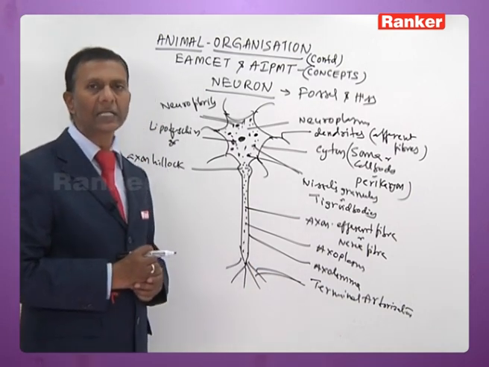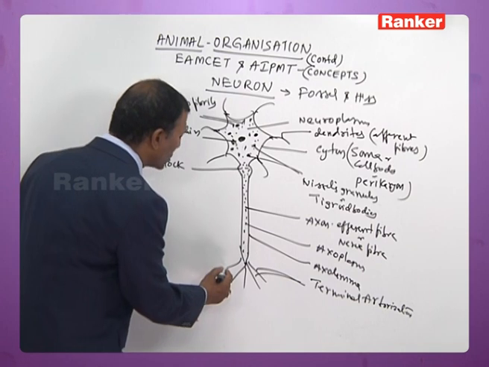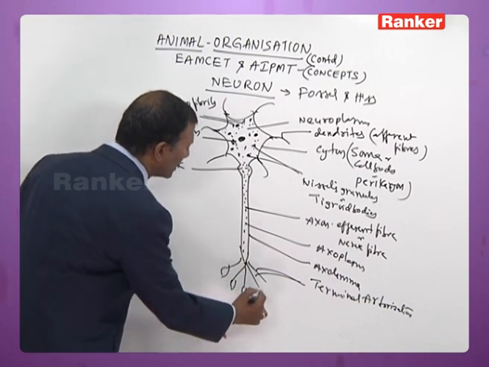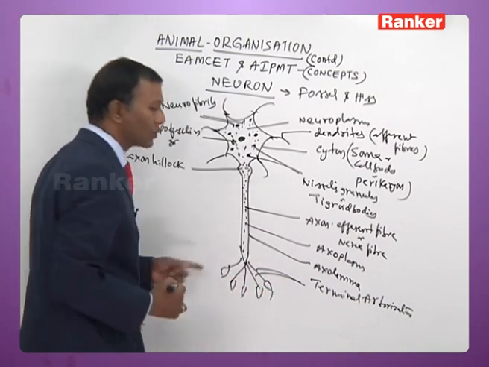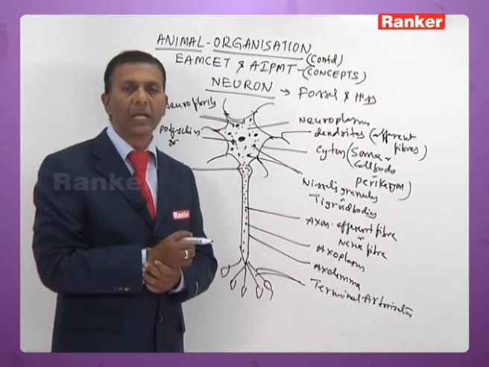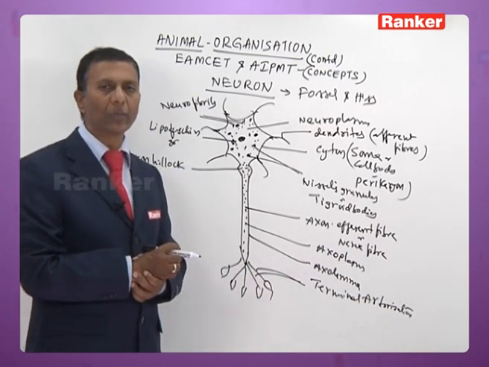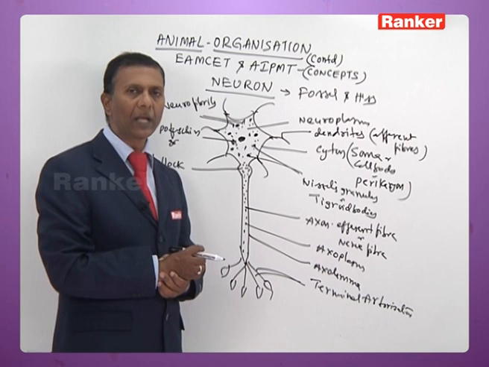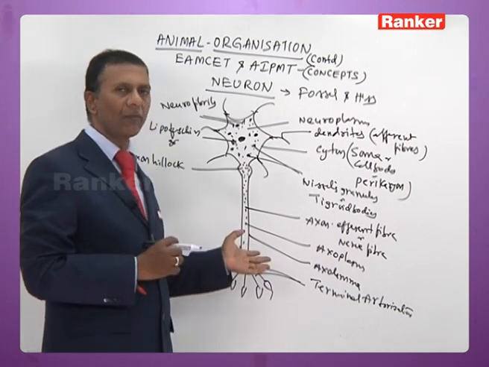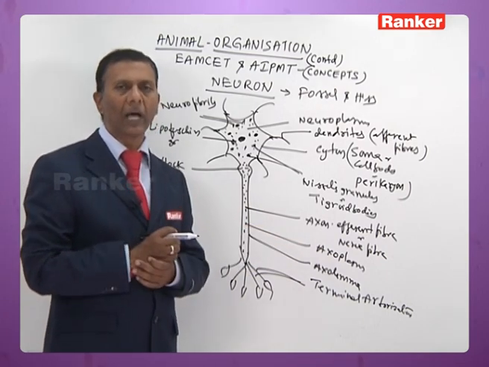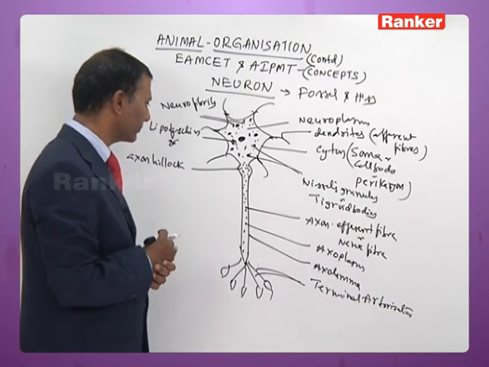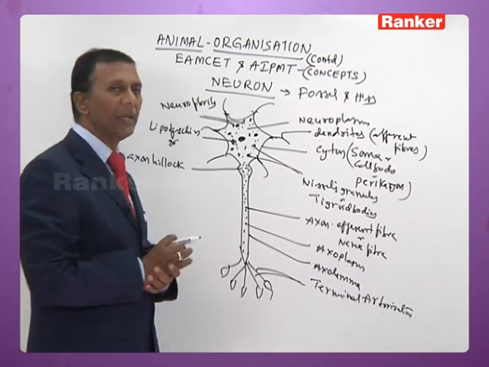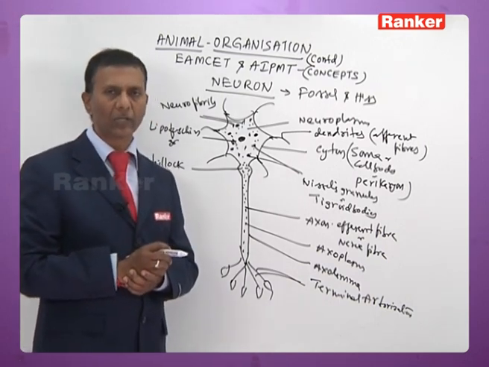The teledendrites or terminal arborizations are swollen towards the tip to form synaptic buttons or synaptic knobs, you call them. The synaptic knobs of one neuron form synapse with the dendrites of another neuron. So, that is the basic structure of an axon.